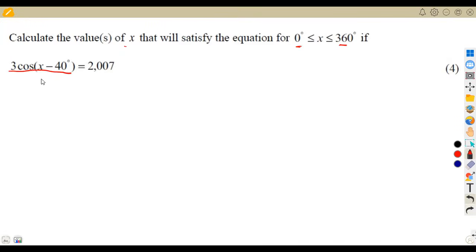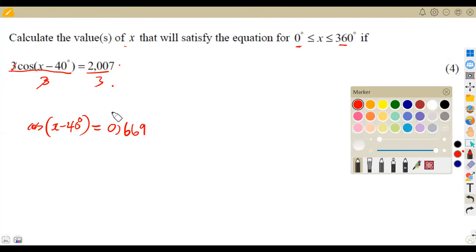Here we can simply divide by 3 both sides. So that will be the cosine of x minus 40 degrees is equal to this value divided by 3, which is going to give us 0.669 like this.